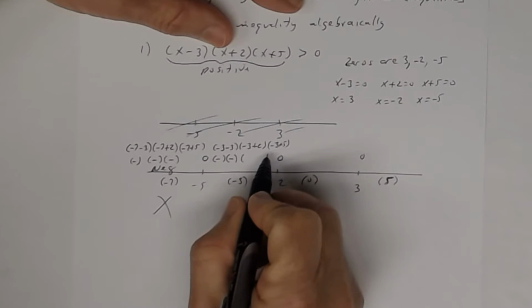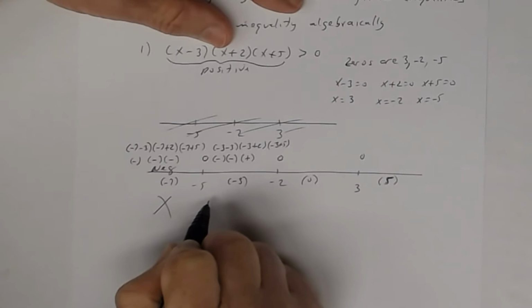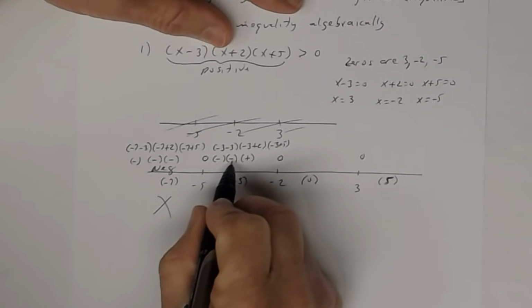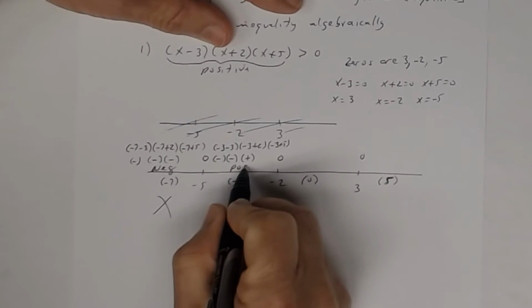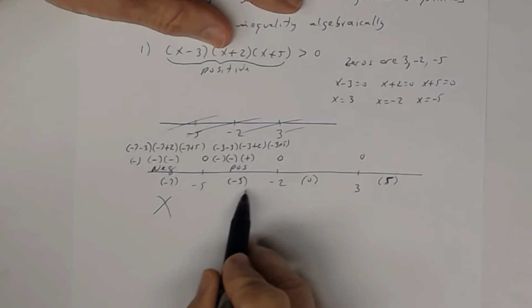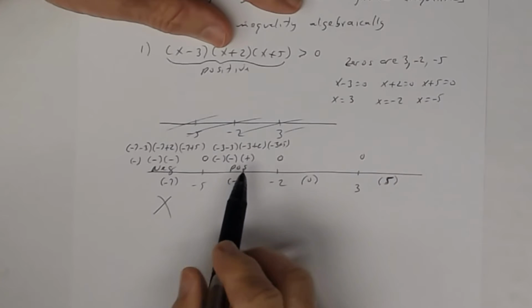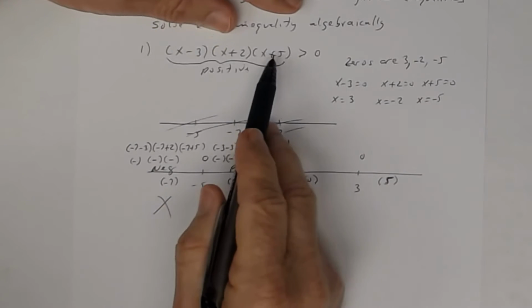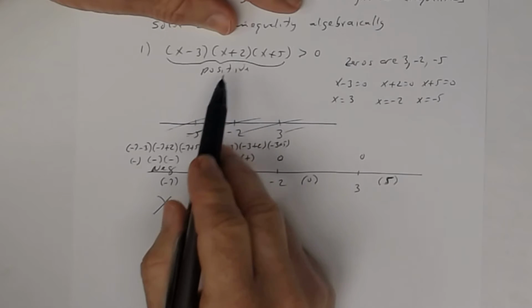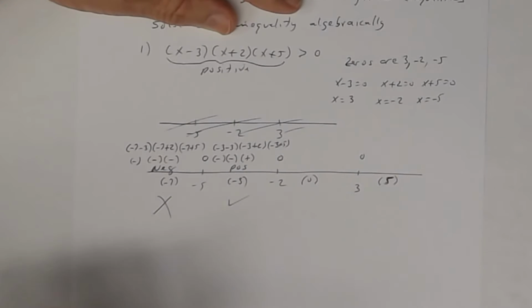And -3 plus 5 is a positive number, that's +2. A negative times a negative times a positive is a positive. What that means is that if I pick any real number that's in this interval from -5 to -2, and I substitute in here, this product will always be positive, and that's what I want. So my solution so far will be in this interval.